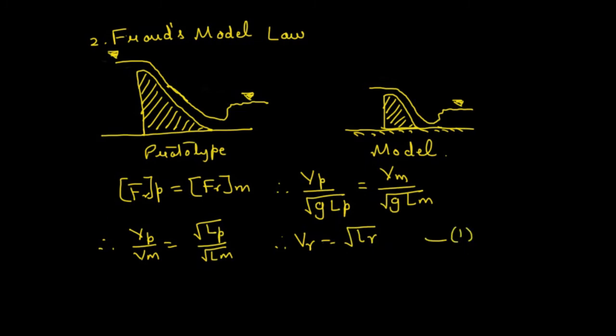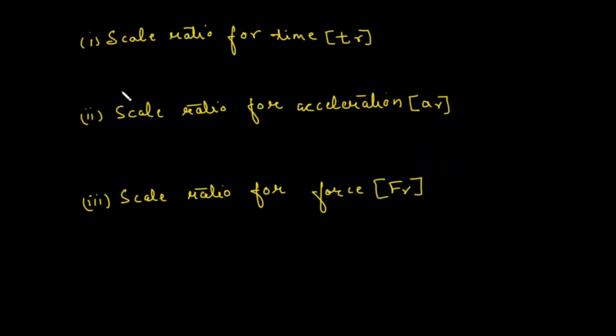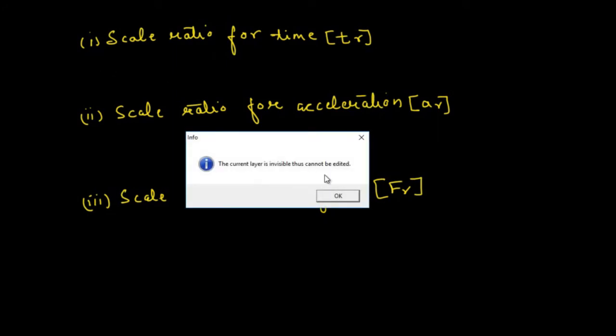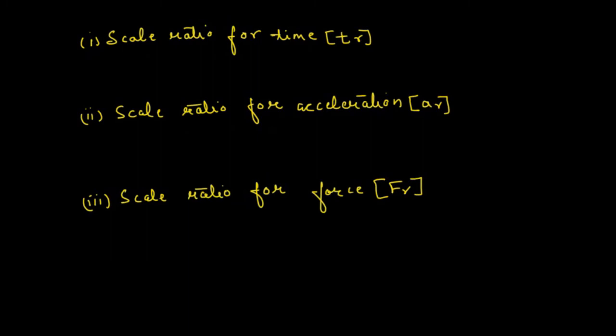Now we will derive some scale ratios in case of the Froude's model law. The scale ratio for time can be derived very easily. The ratio of velocity is equal to Vp upon Vm.